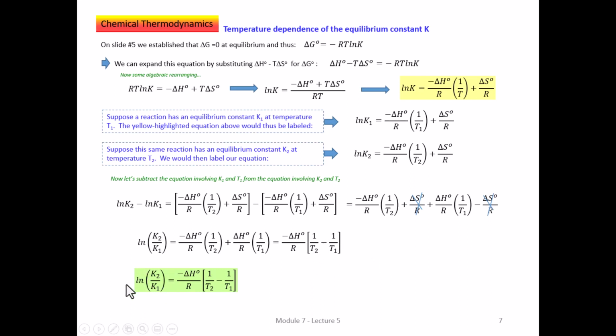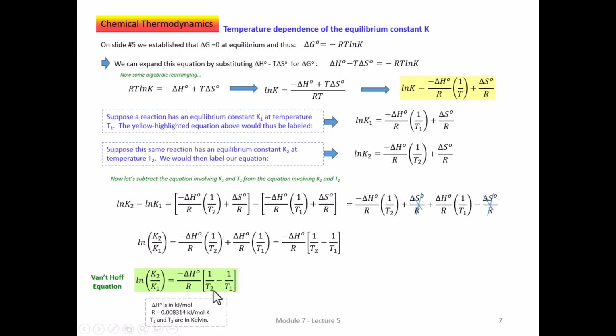So finally here we have an equation with K2 at T2, K1 at T1. In this green box, this is actually called the Van't Hoff equation. You remember Van't Hoff from the Van't Hoff factor i. Well, this equation is also named after Van't Hoff.